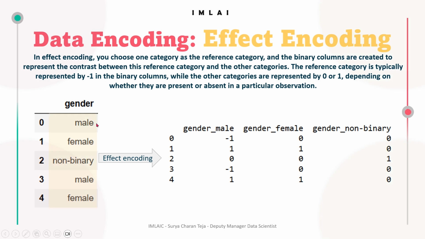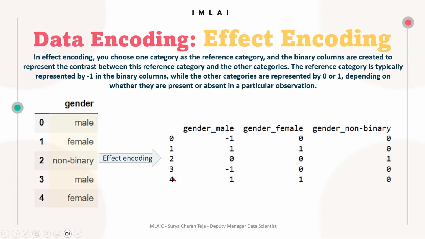Now the male category would be represented by -1 in both binary columns, indicating that it is the reference category, and the female and non-binary categories would be represented by 1 or 0 based on whether they are present or absent.